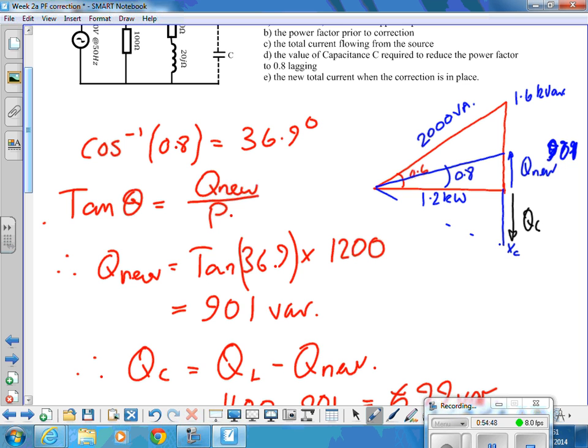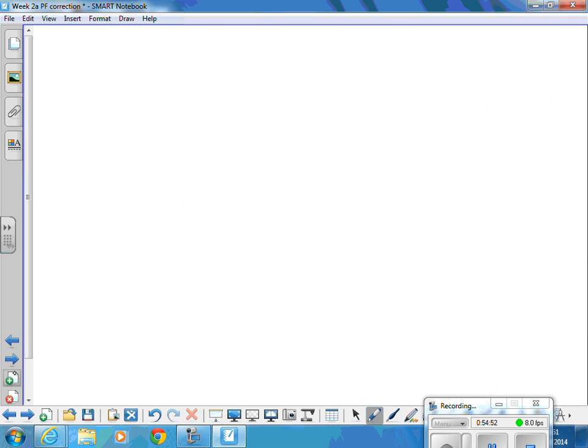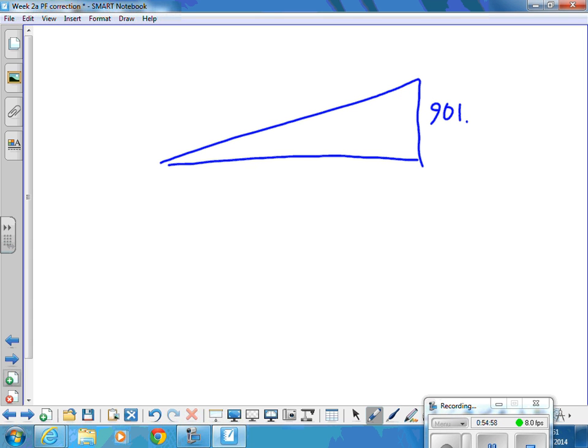So we've got a new power triangle of 901, 1200. We know this angle in here is 0.8, because theta can't be less than that.